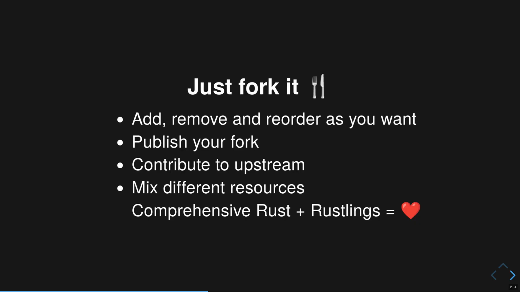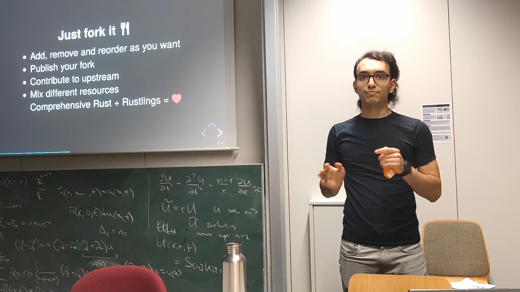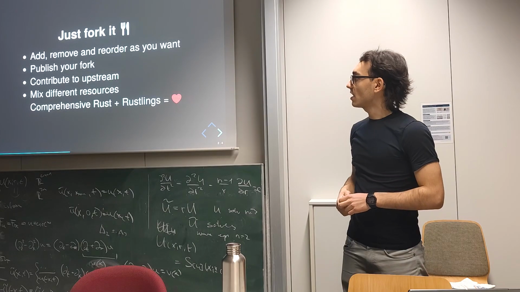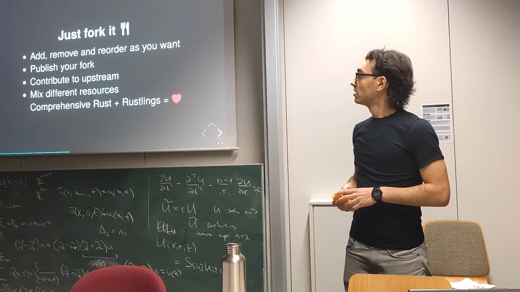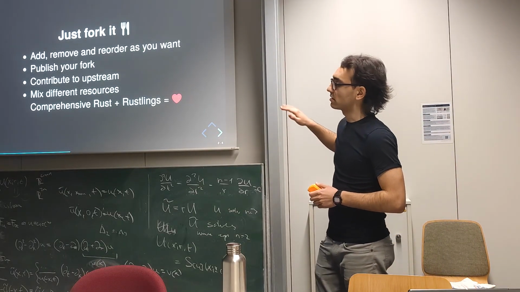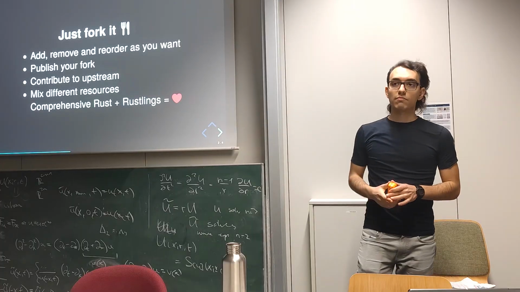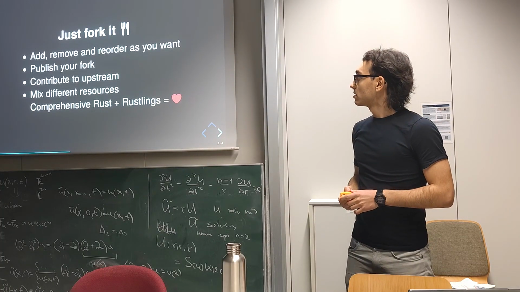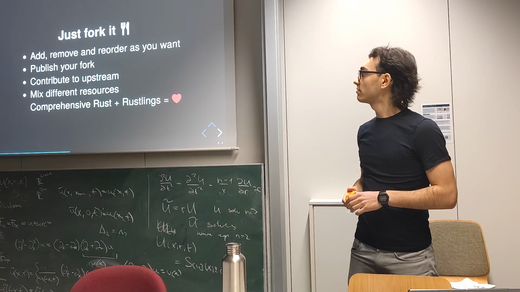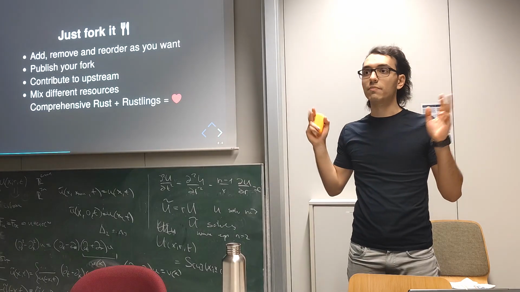For example, this Google course, Comprehensive Rust, I removed some of the aspects that I don't need, and I added some others, reordered some content for the audience that I have, and then I hosted my own version, basically. And I also replaced the exercises of Comprehensive Rust with the exercises from Rustlings, so you can mix these resources. And at the end, just make sure to publish your fork so that others can benefit from your work and from your remix.